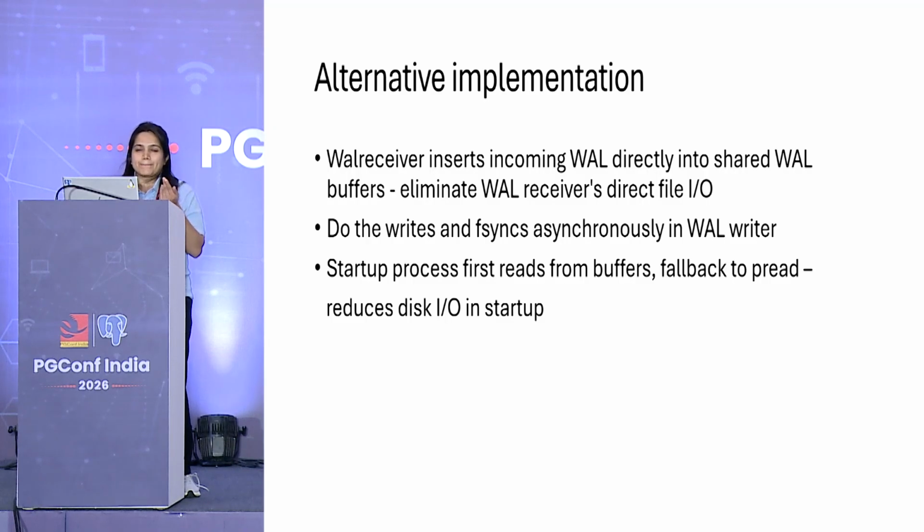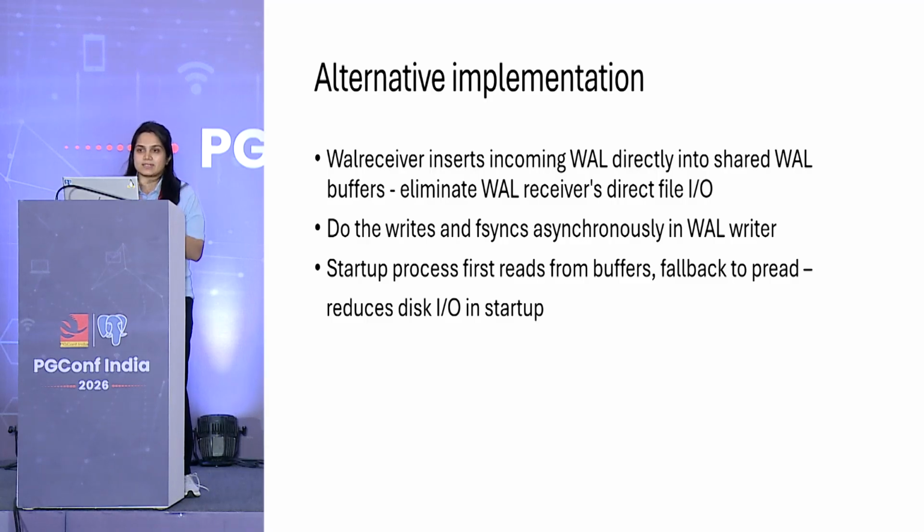If you think of a remote write path, before a standby can confirm that the WAL has been written to disk, it has to do one additional step of writing to buffers, reading from buffers, and then writing to the file before confirming to the primary that the WAL has been written.